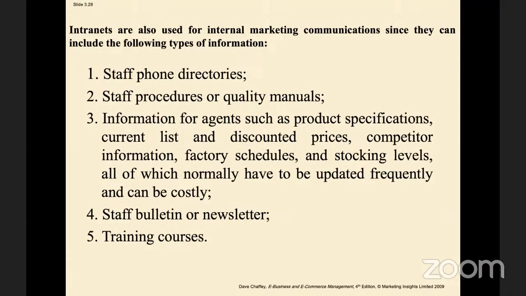Number three, information for agents such as product specifications, current list and discounted prices, competitor information, factory schedules, and stocking levels, all of which normally have to be updated frequently and can be costly. But it is the demand that the website you are working on should contain all the information so that you can have the record at your one click option, staff bulletin or newsletter, and then the training courses.